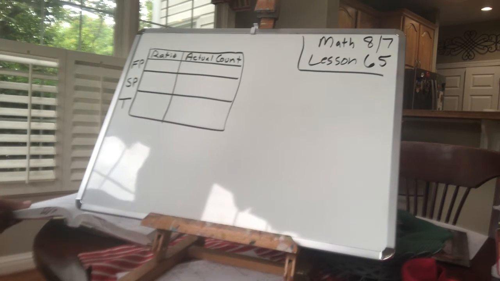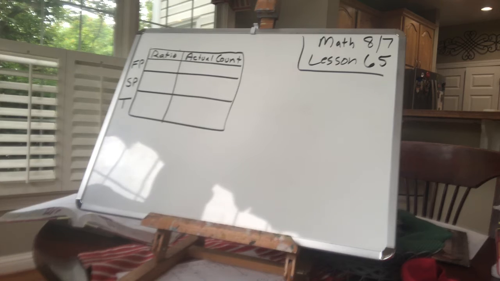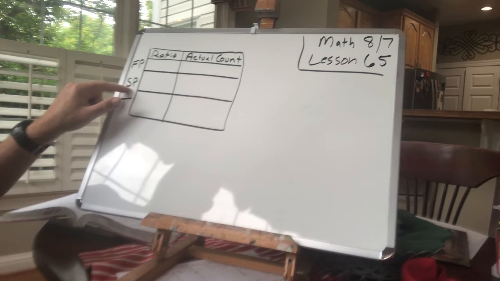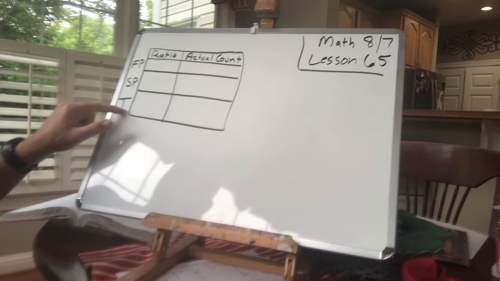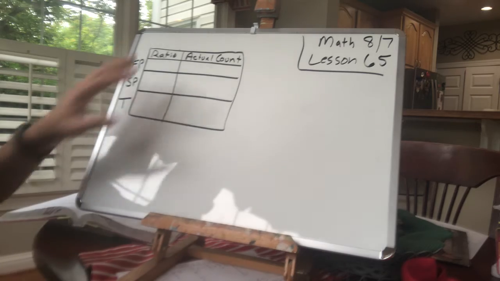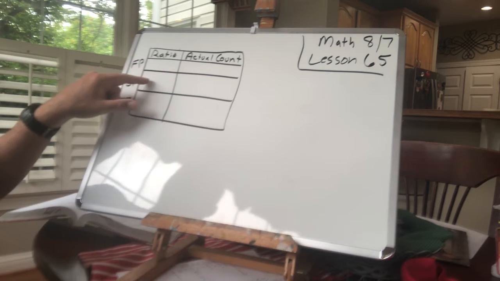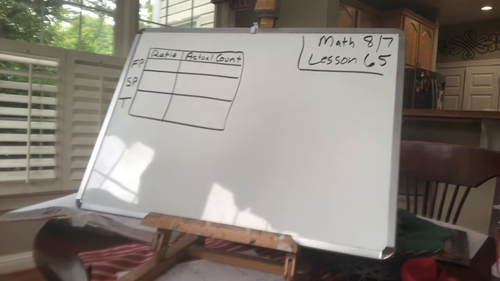The example is the ratio of football players, which I labeled right here FP, to soccer players, and then the T stands for total. So you want to make a chart like this to keep track of everything. The ratio of football players to soccer players was 5 to 7.